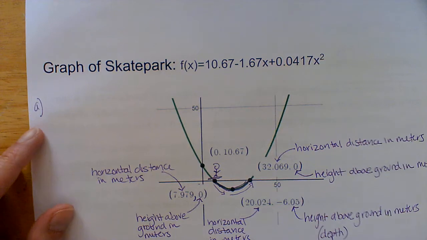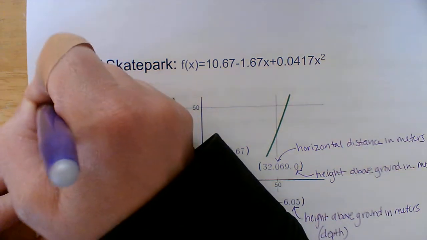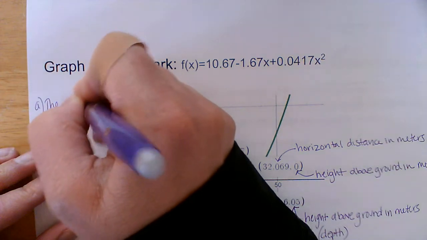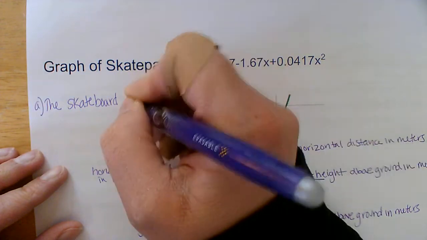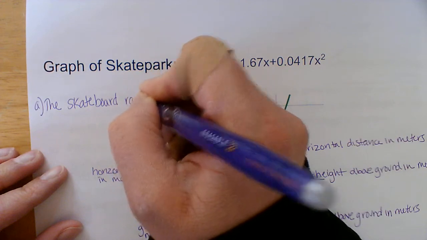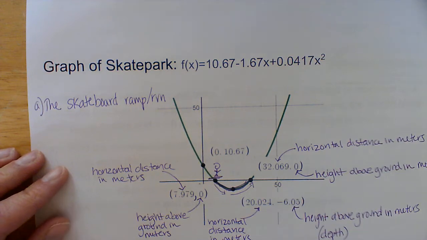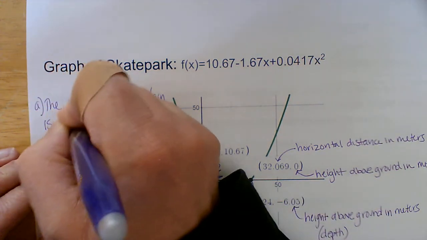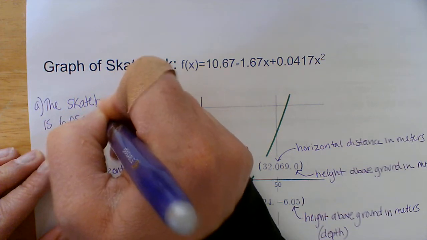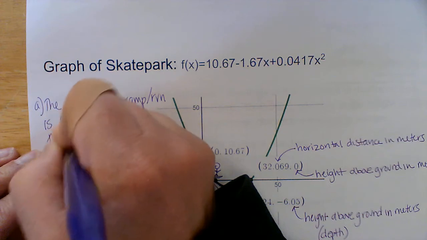So we can say the skateboard park curve, ramp, run. The ramp is the run, that's what they're talking about if you didn't know what a run is. 6.05 meters below the ground.